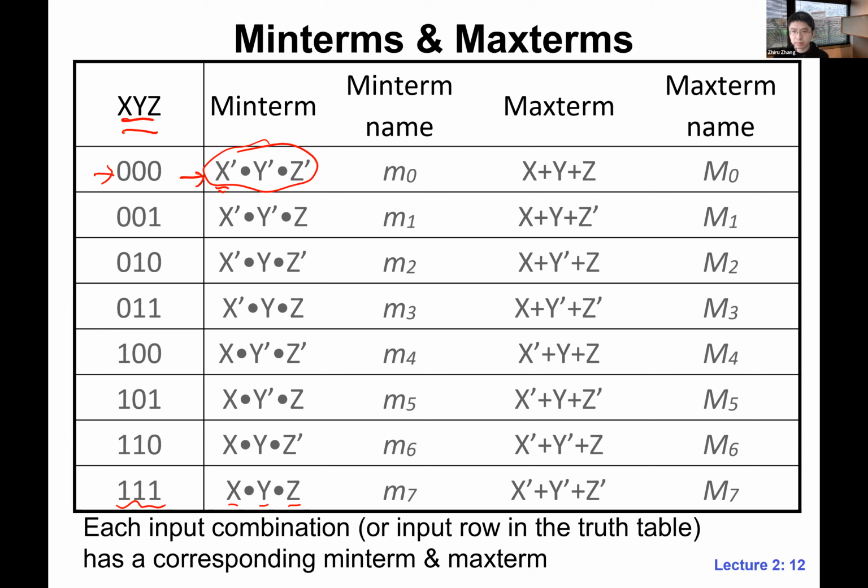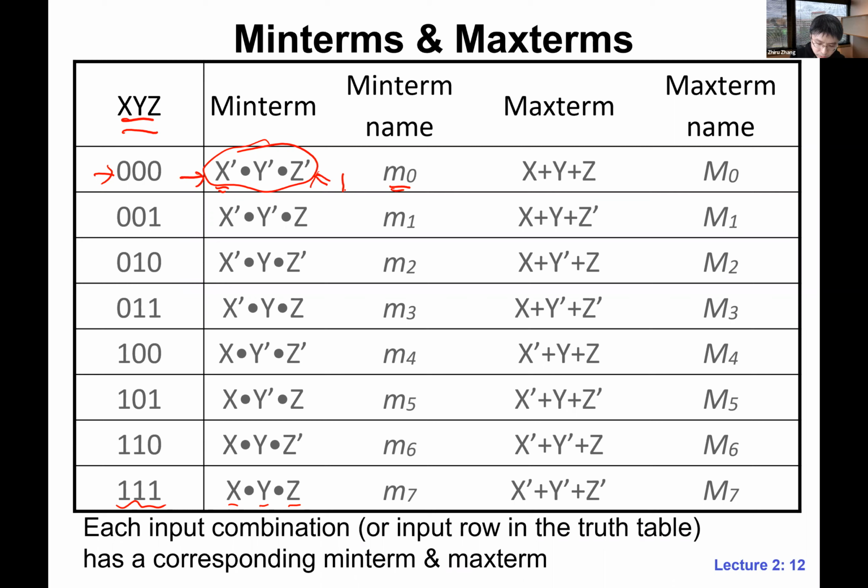Does it make sense? Again, just plug it in. We can easily plug in 0, 0, 0 to the first min term, which we call small m0. You plug in all zeros, and of course this term will be 1, because all of X prime, Y prime, Z prime will be 1.